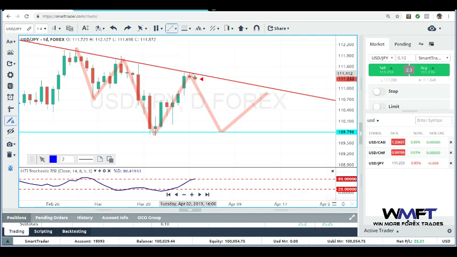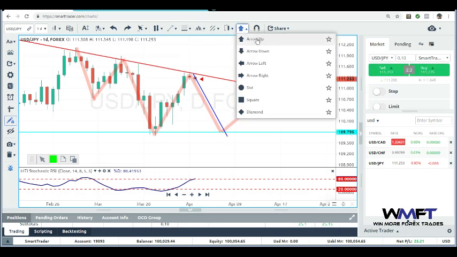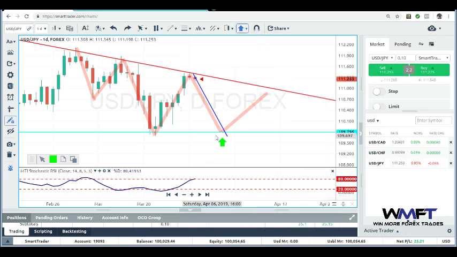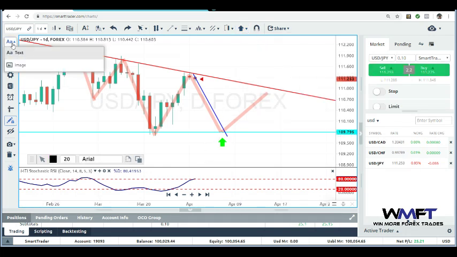We'll start buying the market there at a counter trend line break. Market gives you a counter trend line break, start buying the market. There you go. We'll buy the market there.